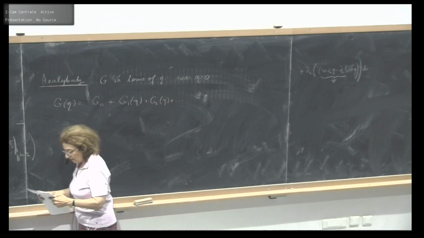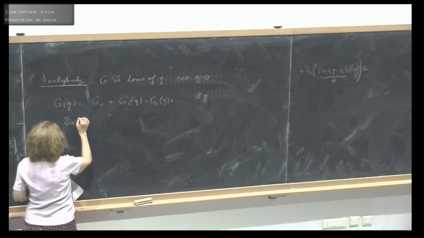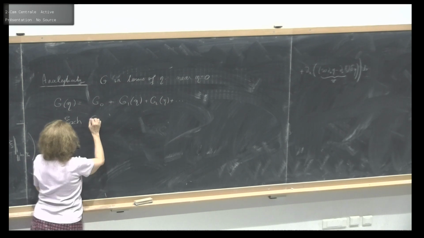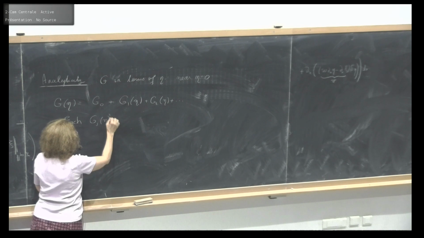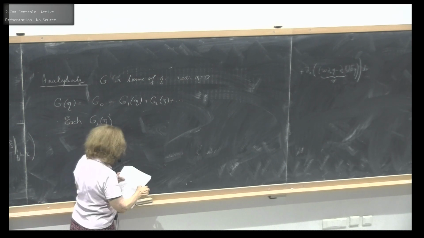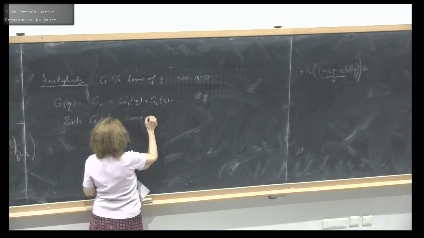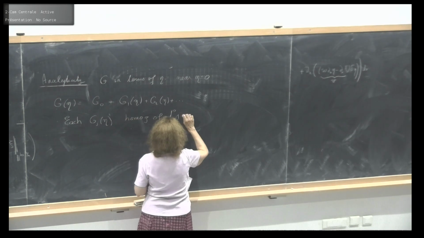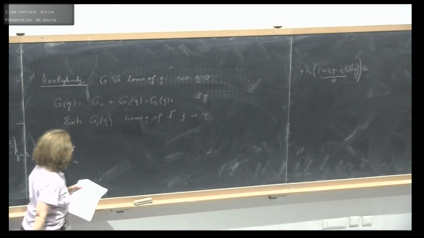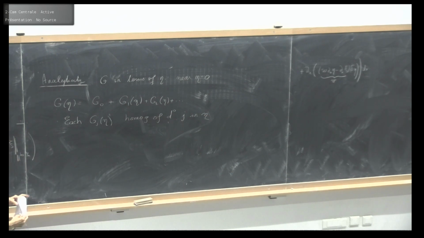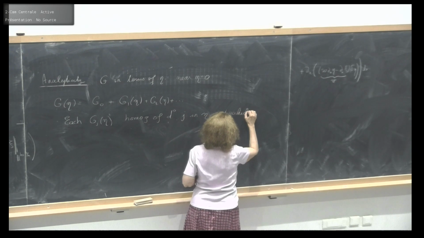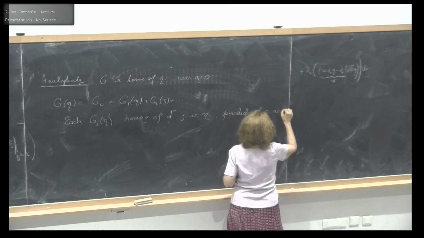Okay, and so the important property is that each of these G_j of eta is homogeneous of degree j in eta, and it appears as a product of eta and Fourier multipliers.